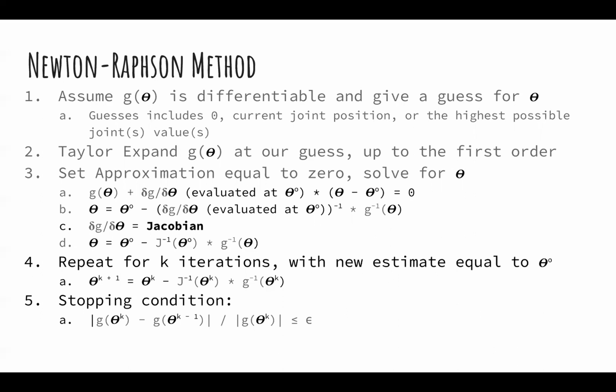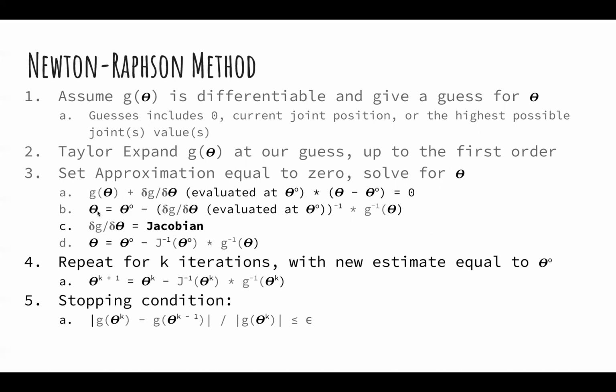After that, let's Taylor expand g of theta at our guess and solve up to the first order. Once we do that, we'll set that entire approximation equal to 0 and solve for theta. So we have g of theta plus the partial derivative with respect to theta, evaluated at our initial guess theta 0, times our change in theta equals 0.